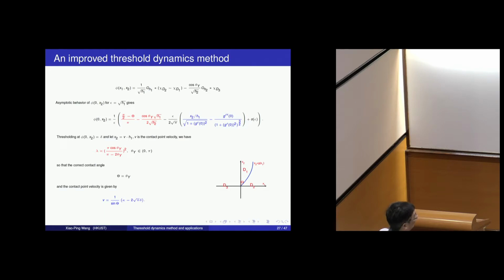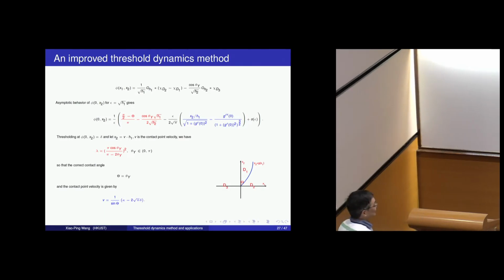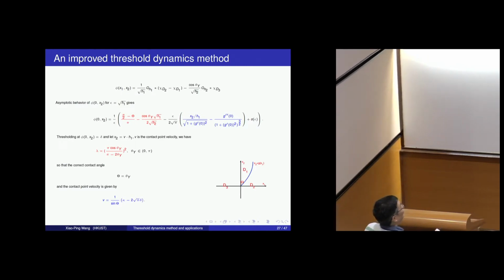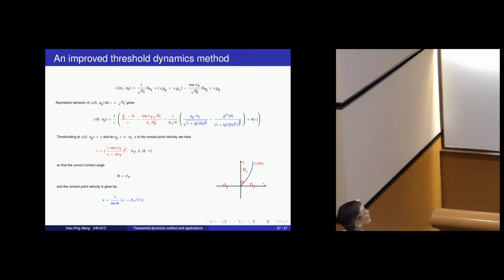Then the leading order gives you this behavior. The calculation is pretty tedious, because the energy is an integration, so you have to estimate the integral. But the leading order term can be written down here.